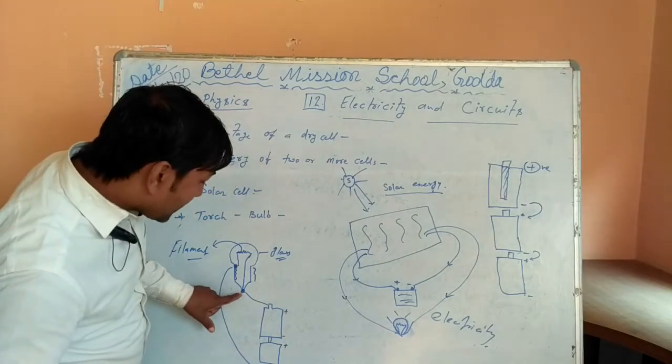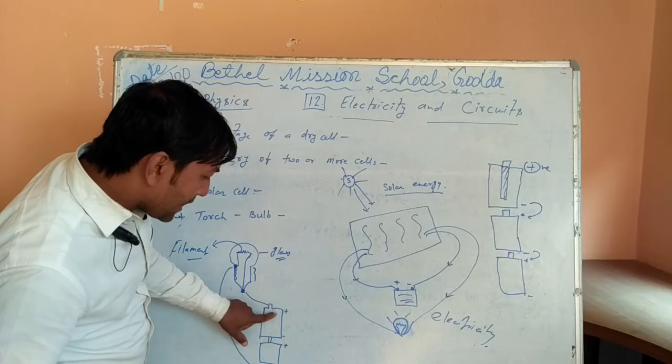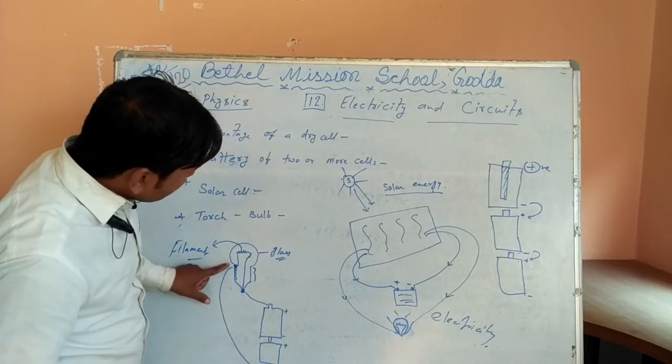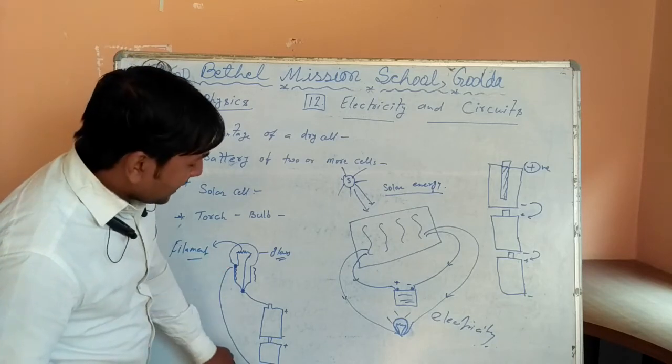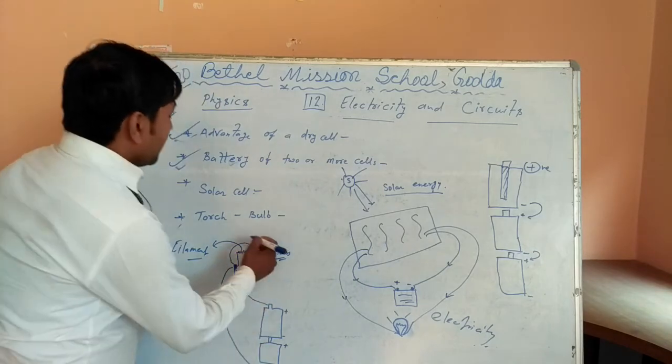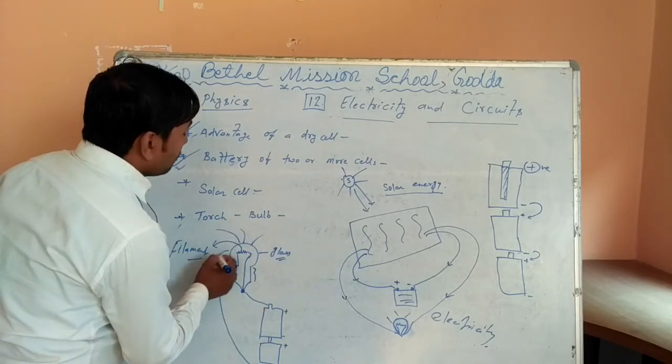One terminal should be connected to the positive terminal of the dry cell, and the other should be connected with the negative terminal of the dry cell. Only then the bulb will glow.